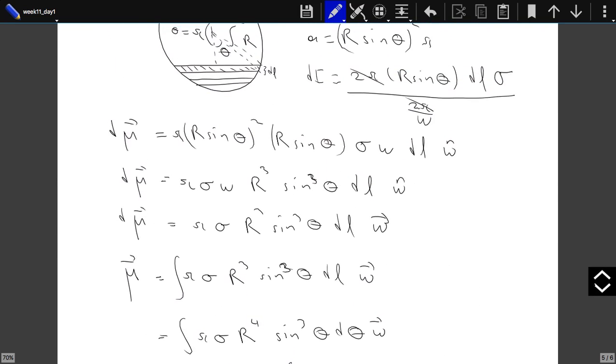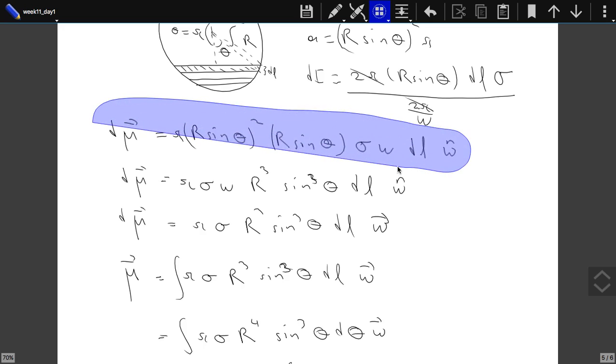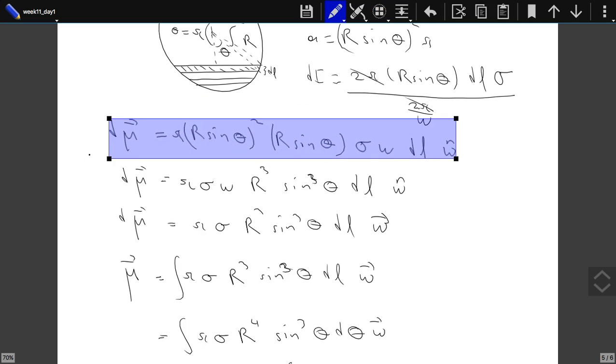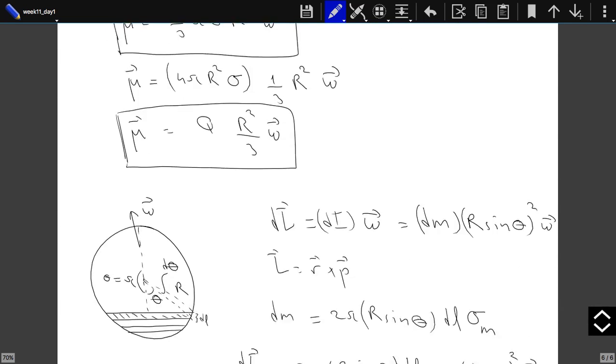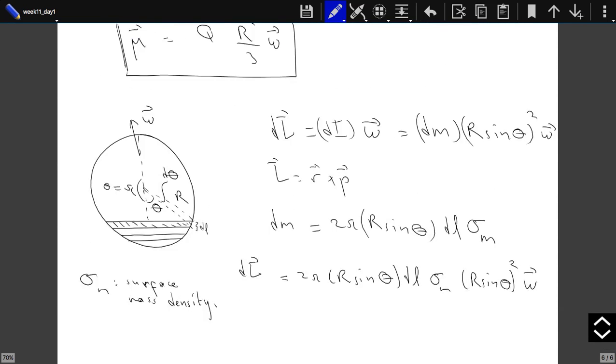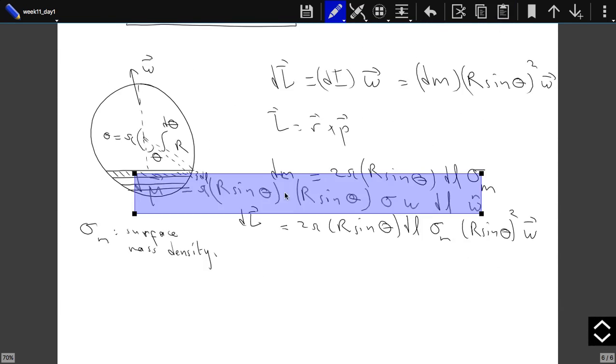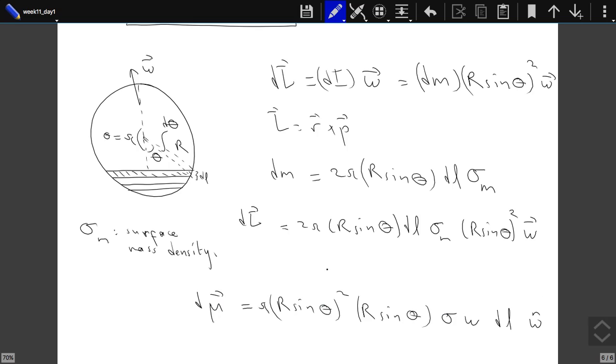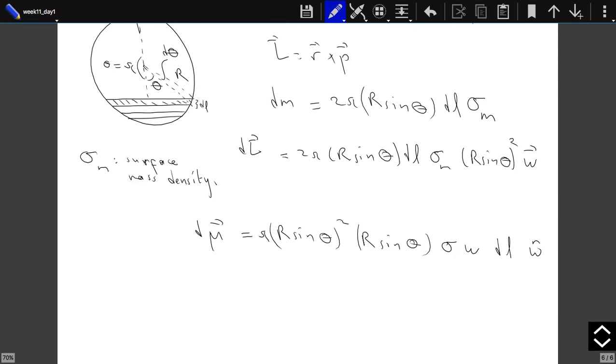Let's go back to the contribution to mu from that ring. They almost have the same functional form.